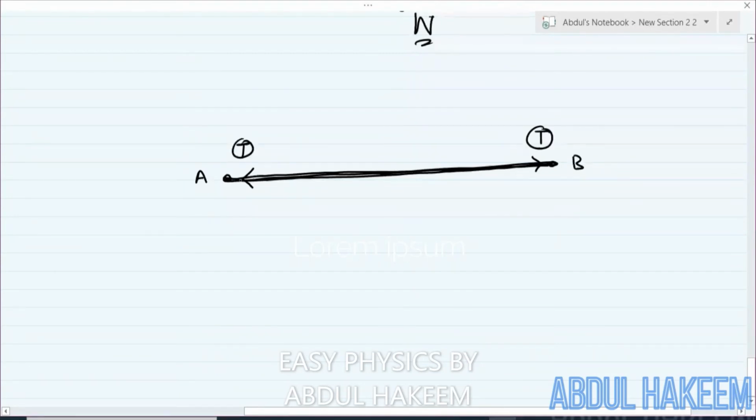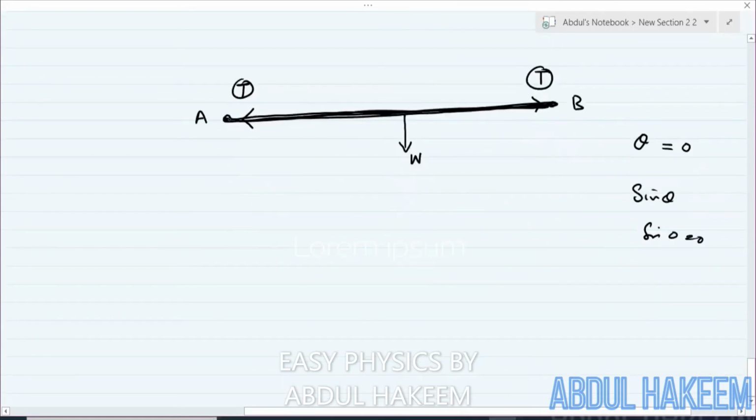No one can make it 100% horizontal. If it is horizontal, then the horizontal angle theta becomes 0. So the weight requires the vertical component. The vertical component is measured from sine theta. So sine 0 will be 0, so it's not possible.